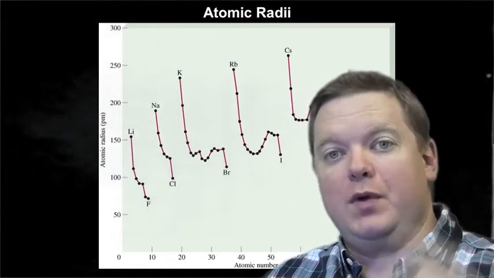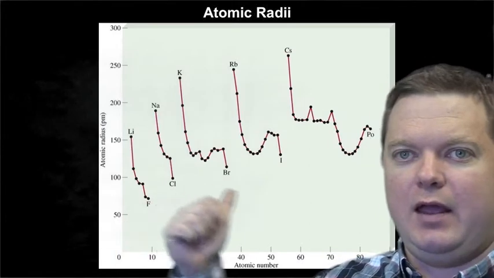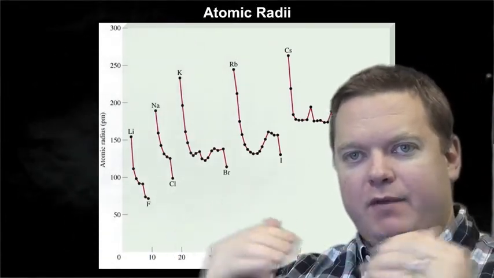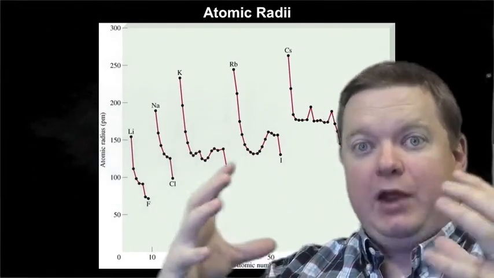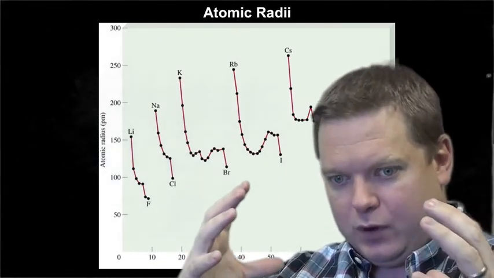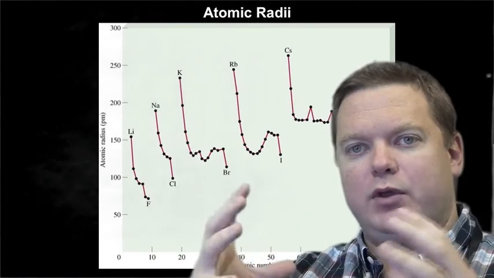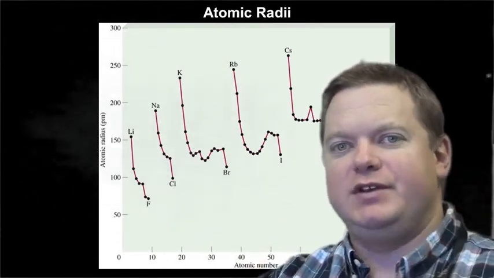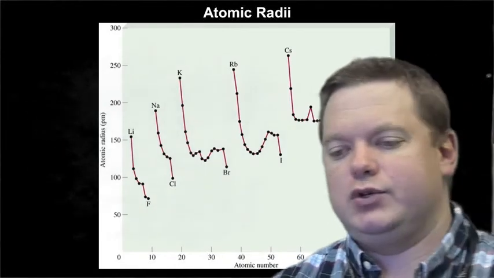And for the most part, we see this general trend. But we see this loopiness. Those are those transition metals. We're increasing the amount of electrons, but we're not really changing the distance. So for the transition metals, we see a difference in this general trend.